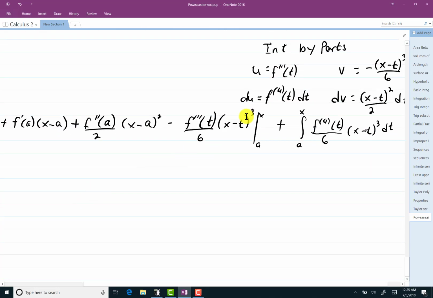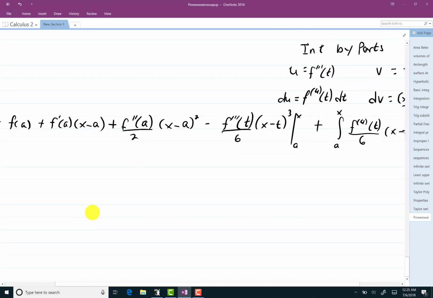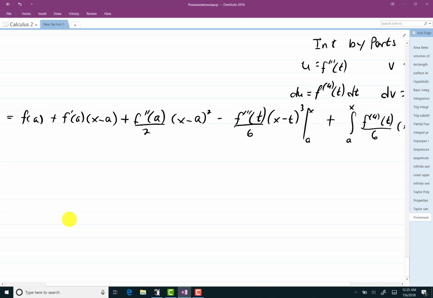As before, let me plug in the x and the a. I will get f of a plus f prime of a times x minus a plus f double prime of a over 2 times x minus a squared. I will leave this to you. When you plug in x, you'll get x minus x, it'll zero out.